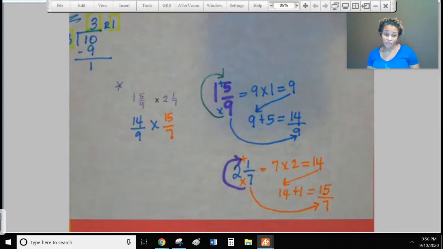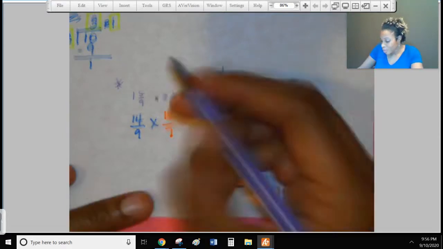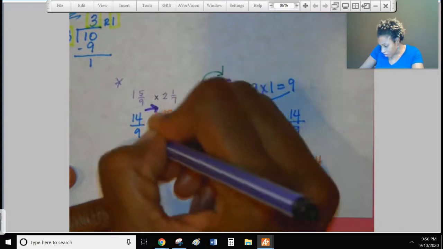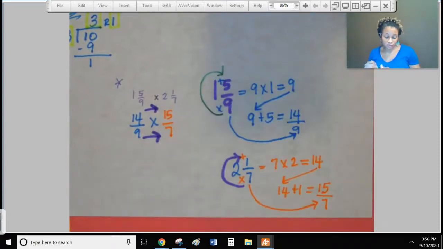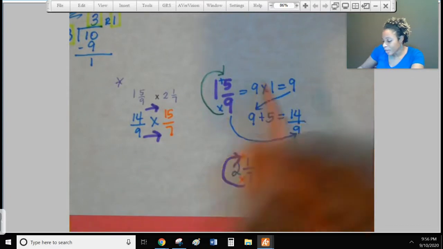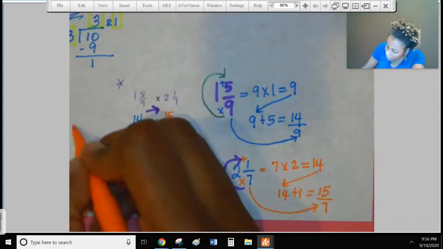So now I have 14/9 times 15 sevenths. So again, you're going to multiply straight across. 14 times 15 and 9 times 7. I've done this work already. If you need to multiply, again, you could do that side work here.